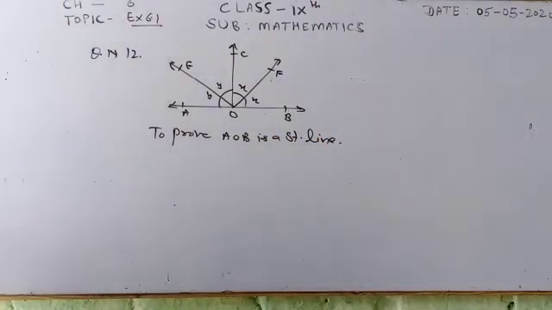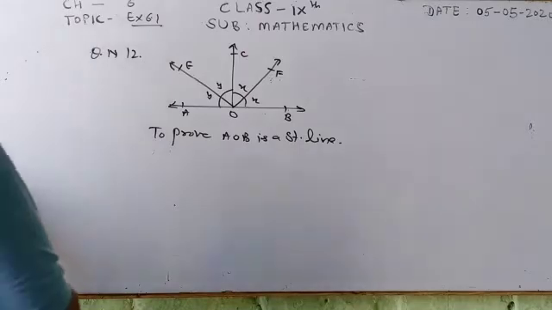Also we are given that OE bisects AOC, OF bisects COB, and OE is perpendicular to OF.